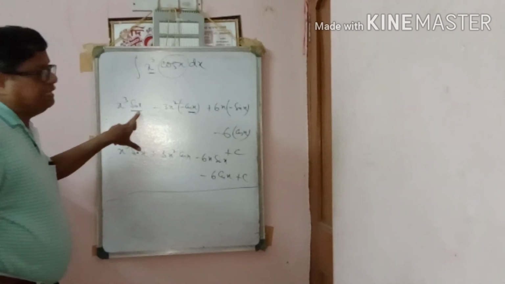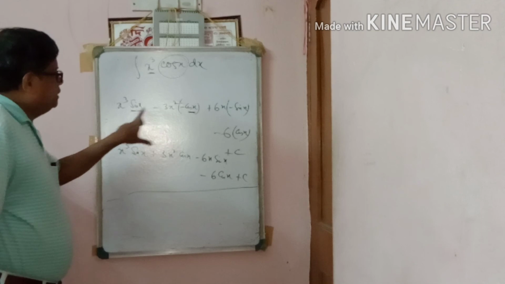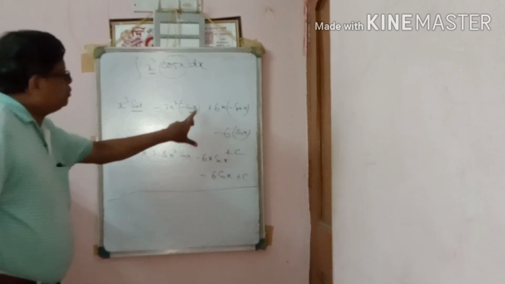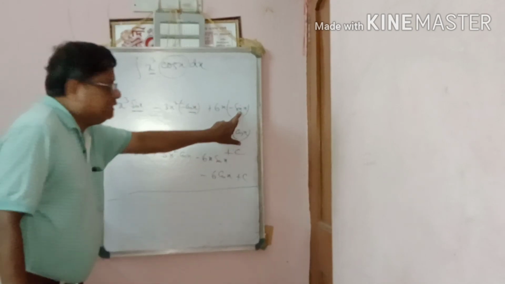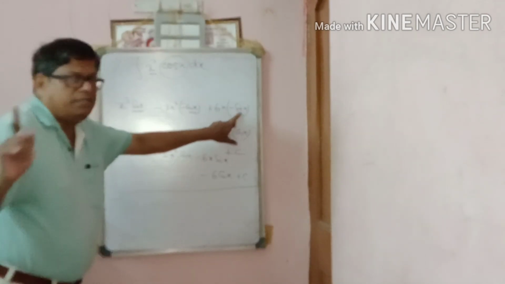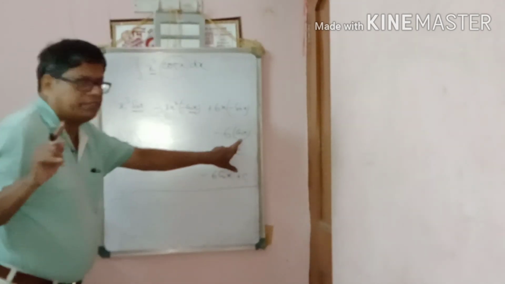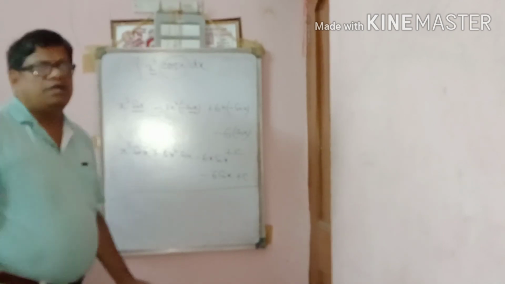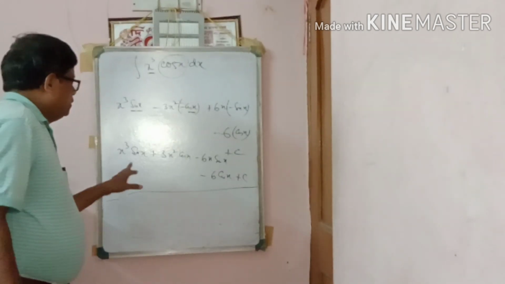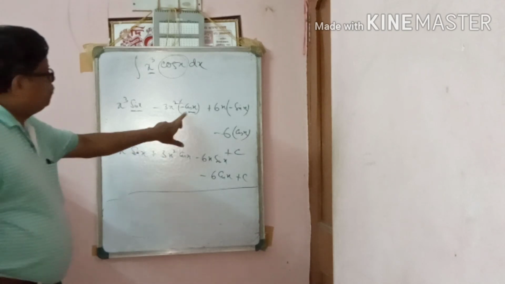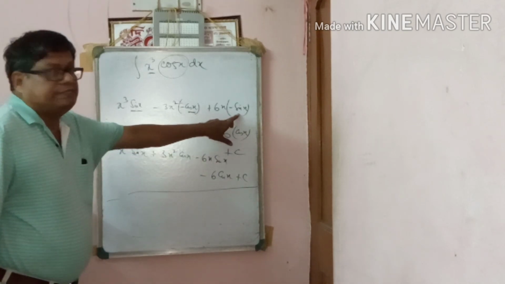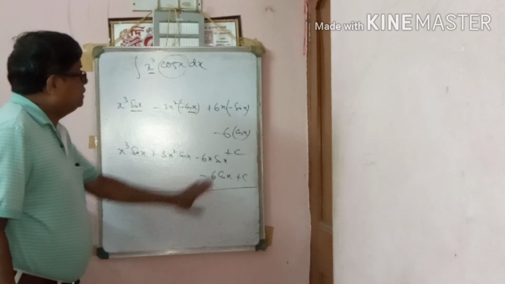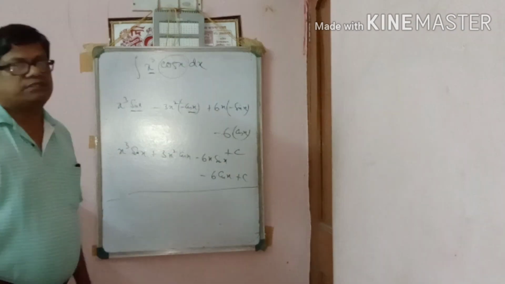So sin x, integration, as all of you know, minus cos x. Minus cos x integration minus sin x, and minus sin x integration only cos x, right? See cos x, and plus c. So x cube sin x, both minus, 3x square cos x, 6x minus sin x is there, so minus 6x sin x minus 6 cos x.